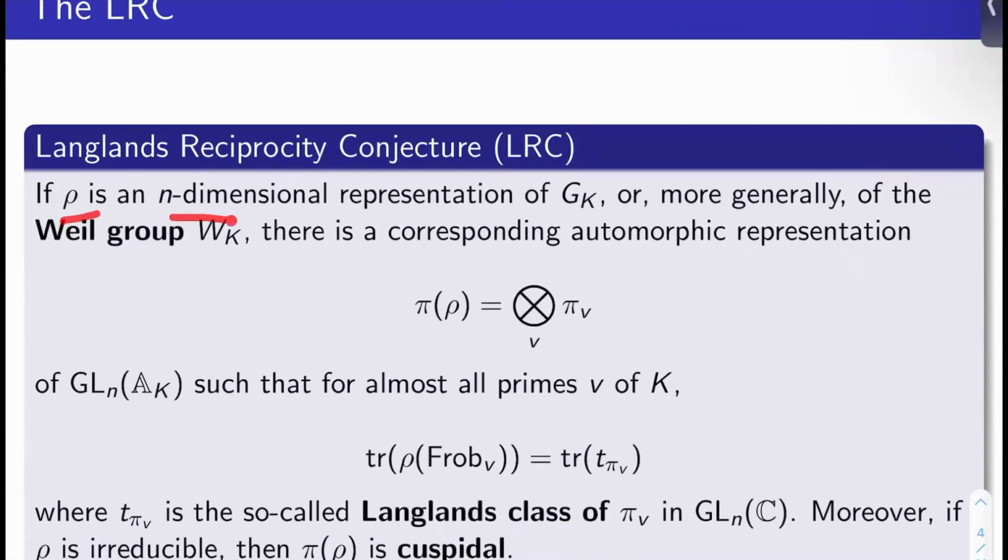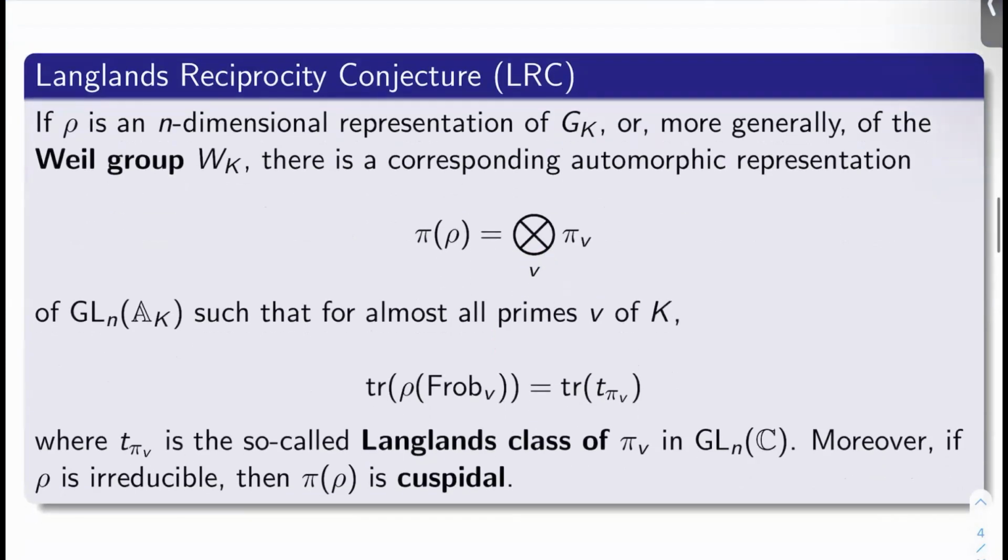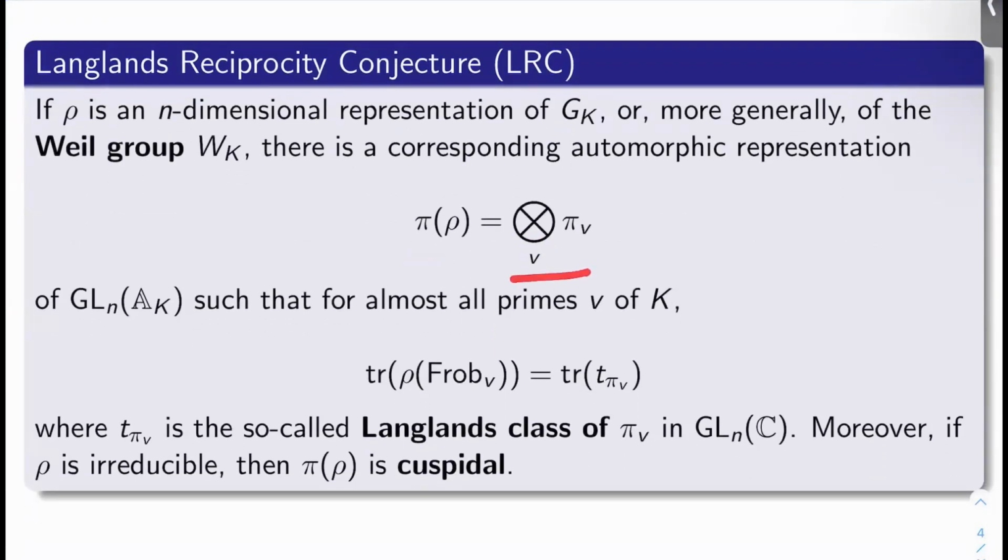If rho is an n-dimensional representation of the absolute Galois group G sub K of K, where K is a number field, or more generally of the Weil group W sub K, which we'll define later, there is a corresponding automorphic representation, which we'll call pi of rho, which is a tensor product of local representations pi sub v over all primes v of K. And this is a representation because it's a tensor product of local representations on GLN of Q sub p put together compatibly. We actually just get one single representation on GLN of the adeles of K.